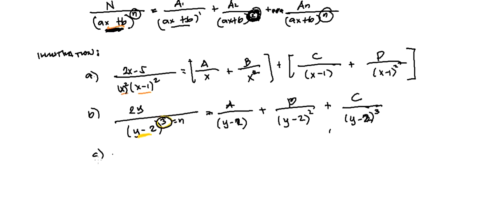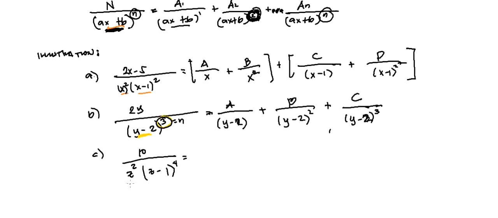Another illustration: say we have 10 all over z squared times z minus 1 to the 4.